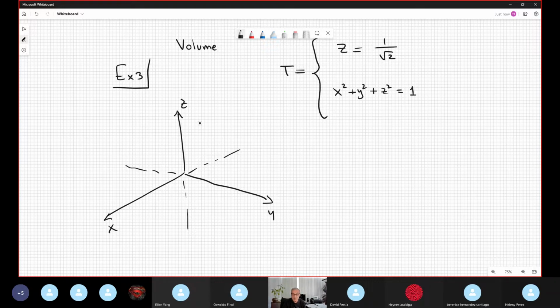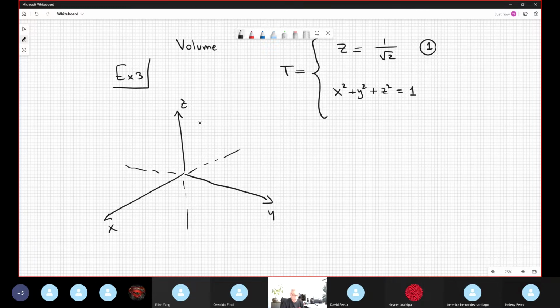What is the first surface? Number 1. What is the name of this surface? z equal constant. What is that? It's a plane, obviously. It's a plane parallel to the xy axis. Okay?